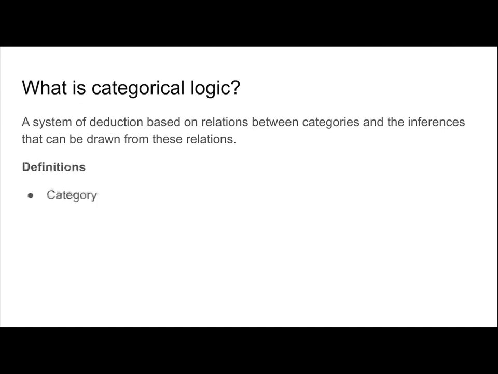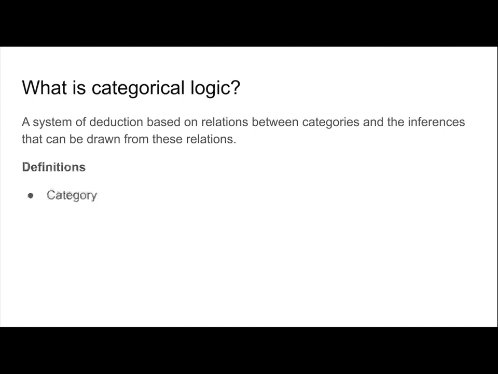We can talk about common objects in the same sort of way. For instance, table. Table is the category that includes all of the things that have the specific traits that make something a table. We often use the word term when we speak of categories.